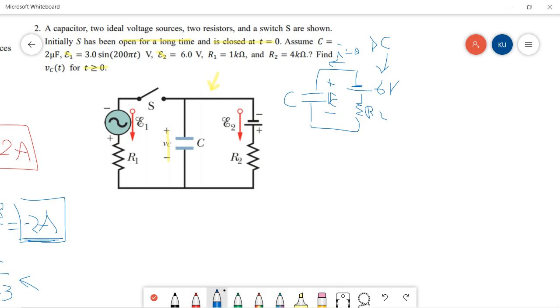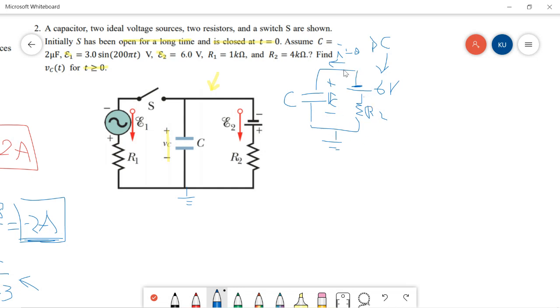So we can say this is a ground. So this is 6. This node is 6 volts higher than this node, and there is no current in this loop. So this is 6 volts.